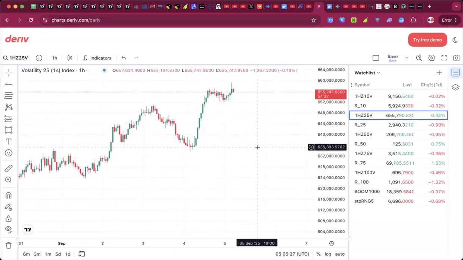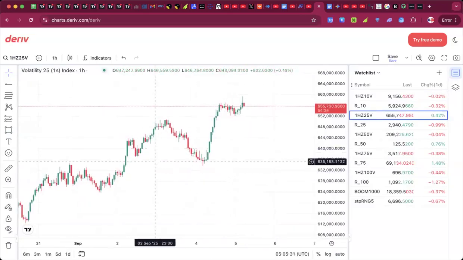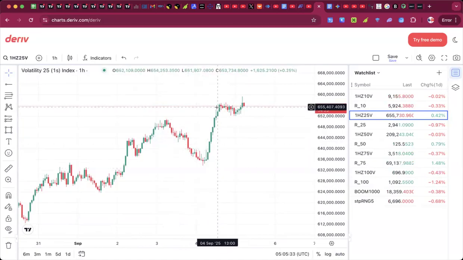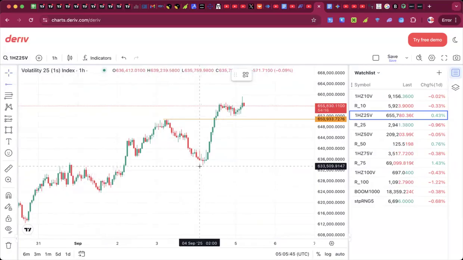So here you have a low and a high, a recent low. So let's just use this like this was the previous high that gave us this low.